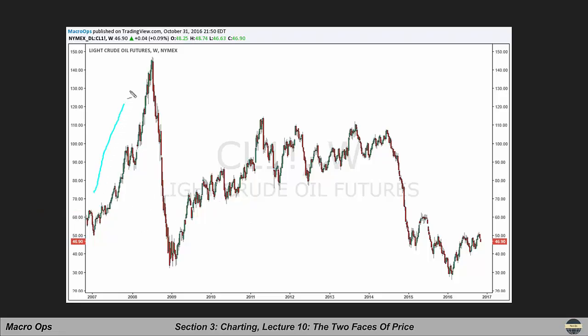Obviously, this is a trend area, another trend area, and then we start to see a small consolidation area, a little trend area here, and then here's a very, very large consolidation, and then a recent trend. Right, so if we take these two buckets, we can bucket most of price action into one of these two.